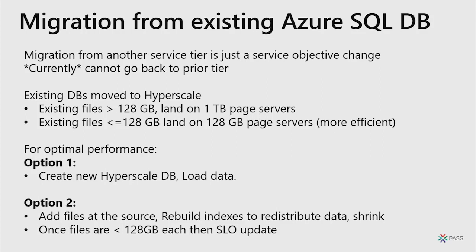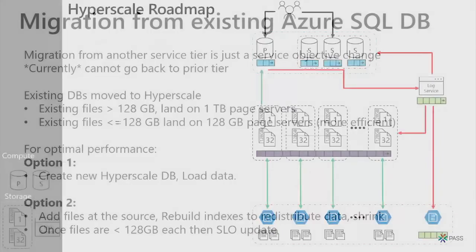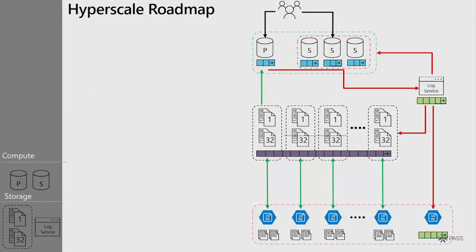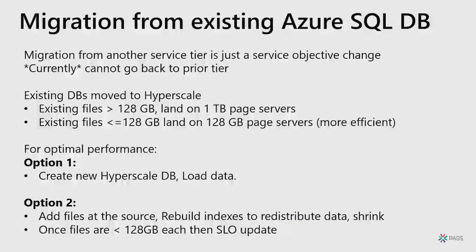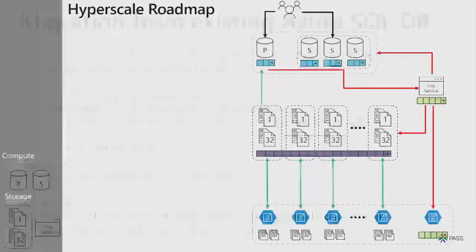So that's one option. The other option is, of course, we can add files and rebuild. Add files is a DevOps operation, though. So it's not like you can do it yourself. But if you run into perf problems, then open a support case, and then we can see what we can do about it on the back end, right?